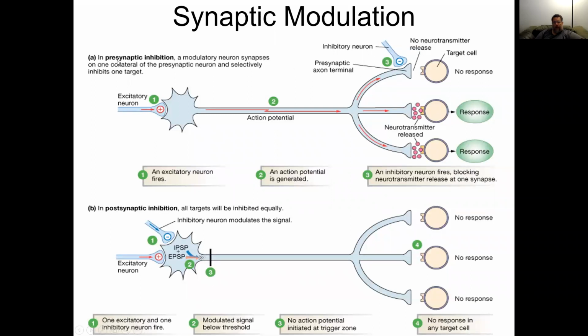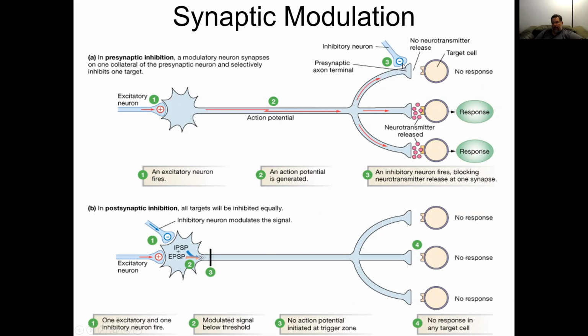So here we have a presynaptic inhibition taking place where we have an excitatory neuron coming in, exciting an action potential to travel down this neuron in the postsynaptic nerve. And then right before the synapse, we have another neuron coming in that actually inhibits the action potential and the release of the neurotransmitters.